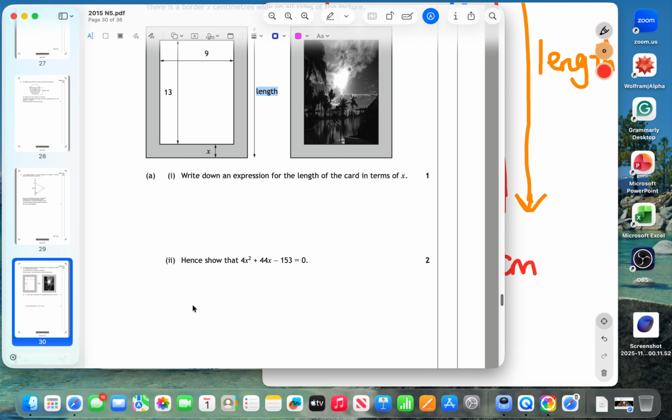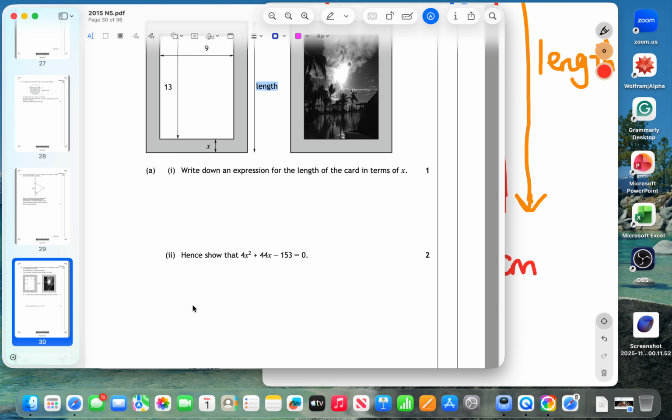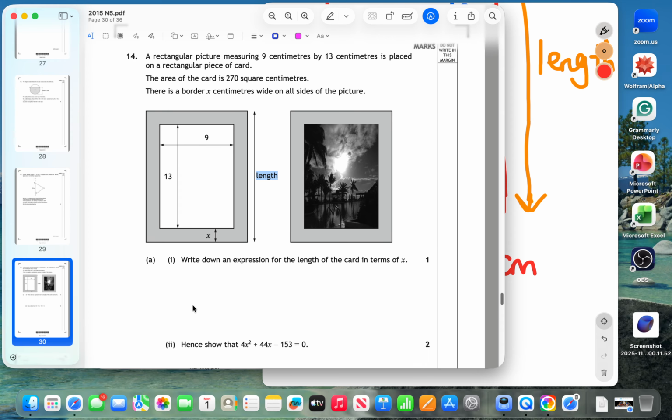Now, part II is to show that 4x squared plus 44x minus 153 equals 0, 2 marks. It's hard to know where to start with this type of question, but you're told that the area of the card is 270 square centimetres.